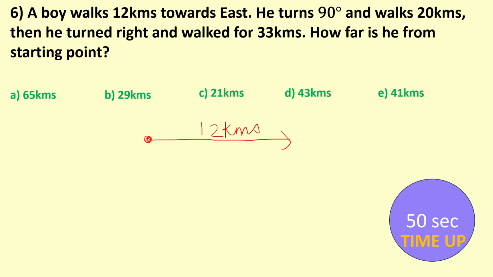He turns 90 degree. तो ईस्ट ये है, ईस्ट ये हुआ, तो 90 डिग्री मतलब यहाँ पे आएगा वो. करेक्ट. तो 90 डिग्री ट्रेवल करता है और 20 किलोमीटर्स वॉक करता है. ओके.